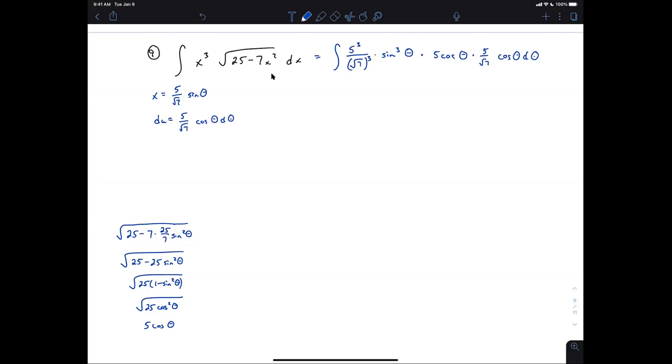All right, so then we're going to pull out 5 cubed over the square root of 7 cubed. We're going to pull out 5, and we're going to pull out 5 over the square root of 7. And then condense this and get sine to the third theta cosine squared theta d theta. We good to there?